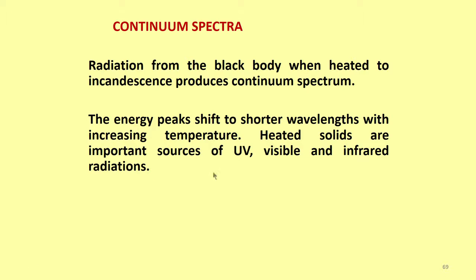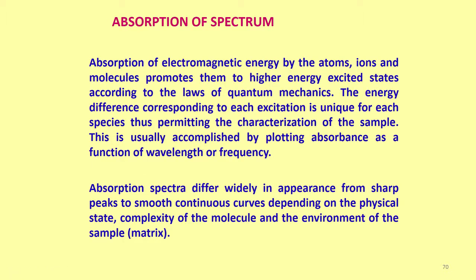So, if I want to produce the ultraviolet range, I need to take a substance and heat it to high temperature. Similarly for IR, similarly for the visible range. So, these are the sources of UV, visible and IR ranges. When I build a spectrometer, I need a source of electromagnetic radiation.